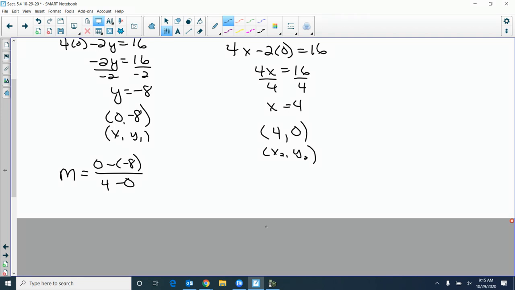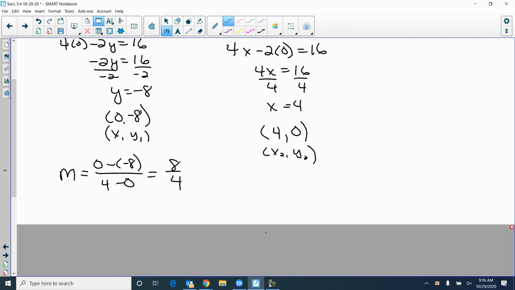All right, watch your order. 0 minus -8 is 8. You get 8 over 4. Now again, simplify it. What do we get? 2. So the final answer is m equals 2. So this one, there's a little bit more involved because you gotta find 2 points. You gotta use those 2 points to find the slope.